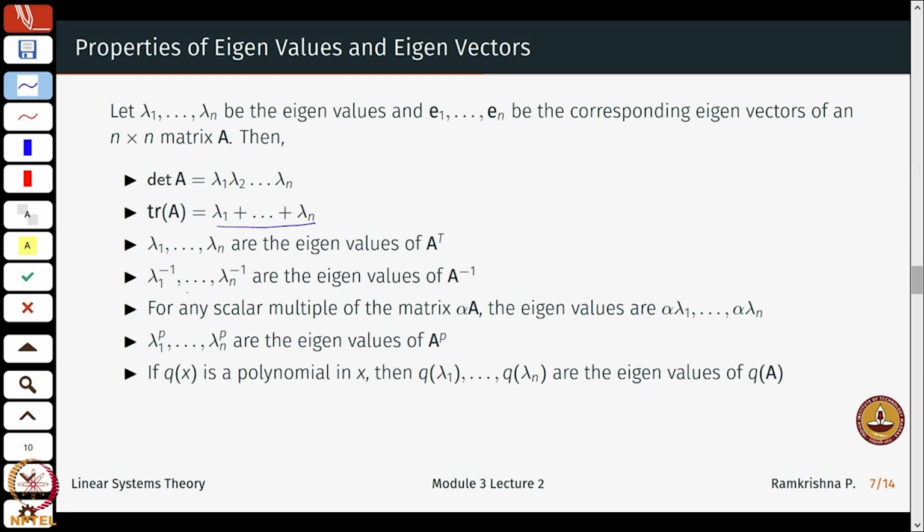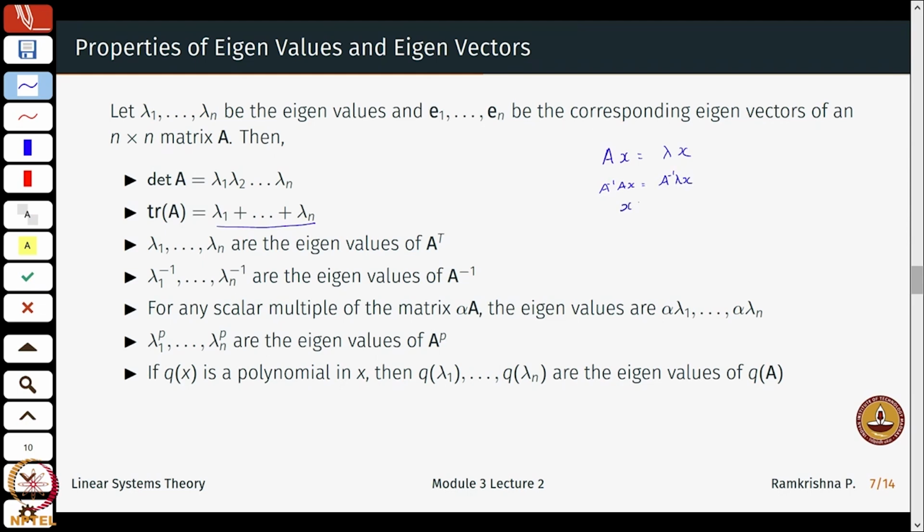Well, let us do a couple of these quickly. So, I have A times x is lambda times x. I am looking at, say, the inverse. Here, assuming that the matrix is invertible, A inverse A x is A inverse lambda x.